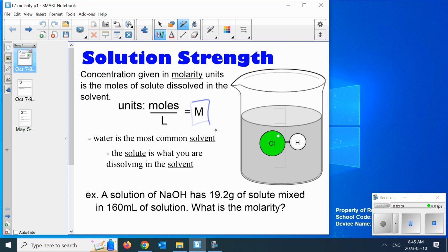But I actually quite often write it out as moles per liter. That way I can see what crosses out, how we've been showing crossing out for units. So in the question, I'll often give a capital M, but when I do my work, I'll use moles over liter. Okay.